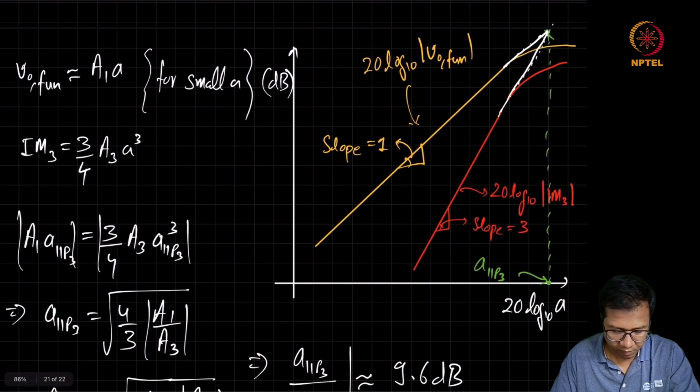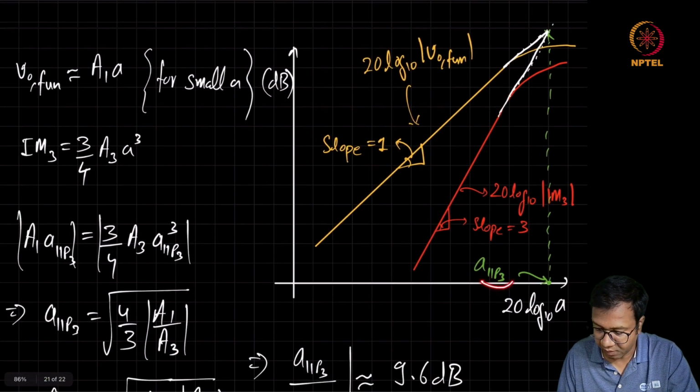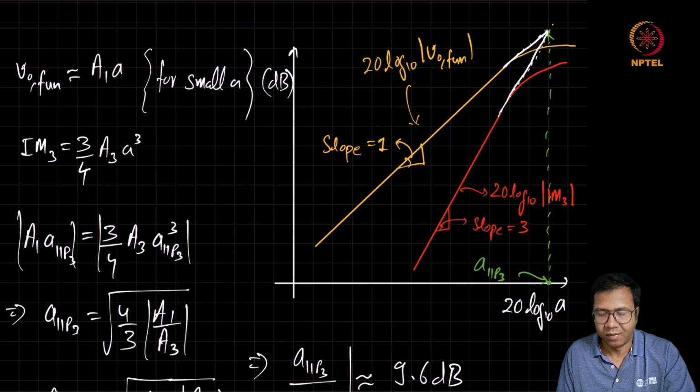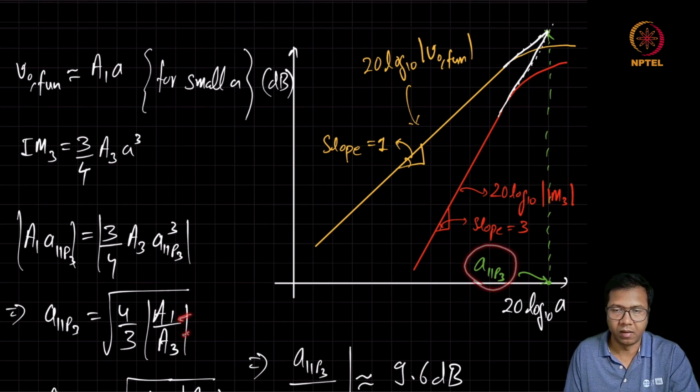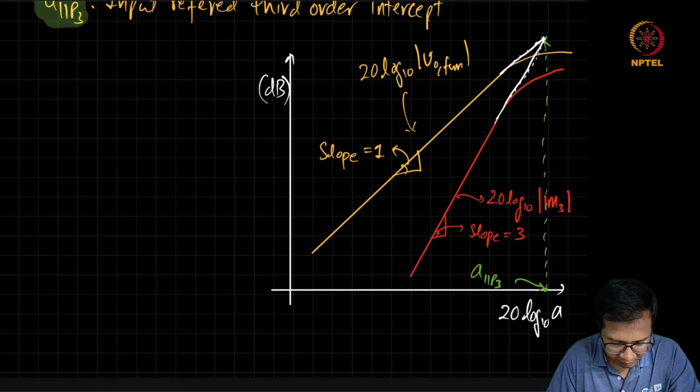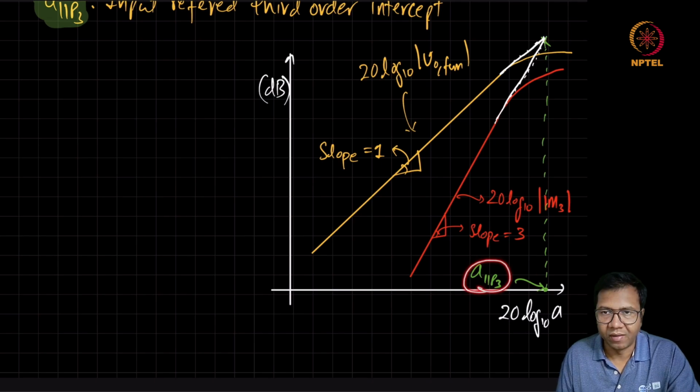Okay, so now we have got a value which doesn't depend on the input strength, and it again gives a fundamental relationship between the first order and the third order coefficients. It is possible to find the IIP3 point just by doing a single measurement.